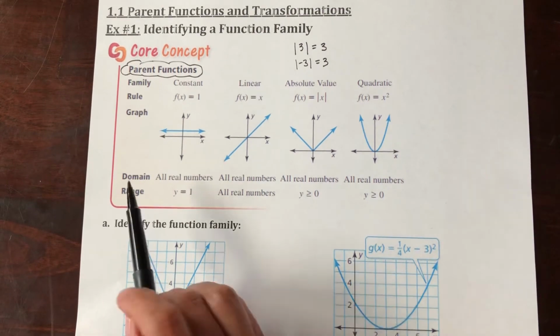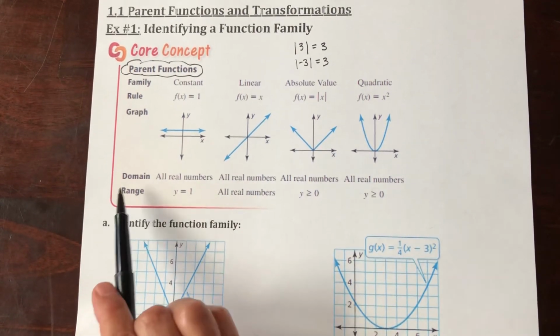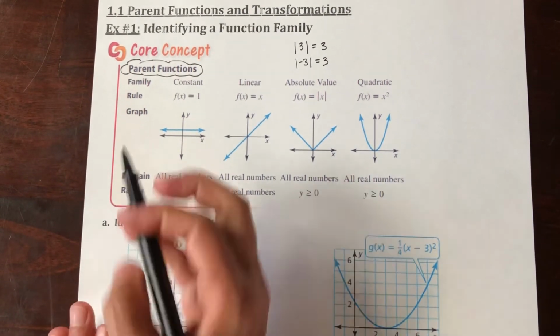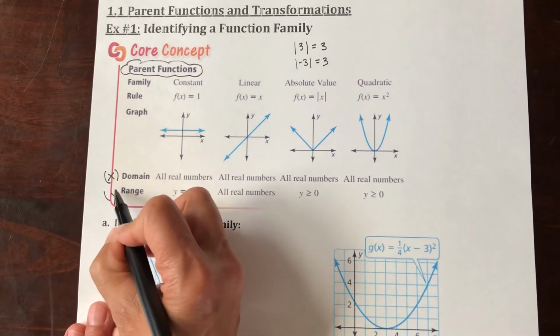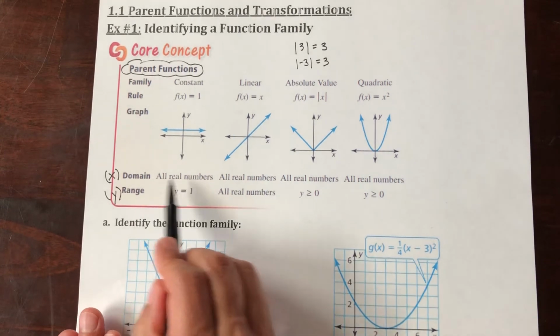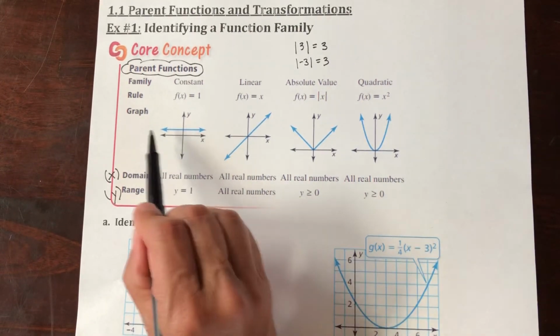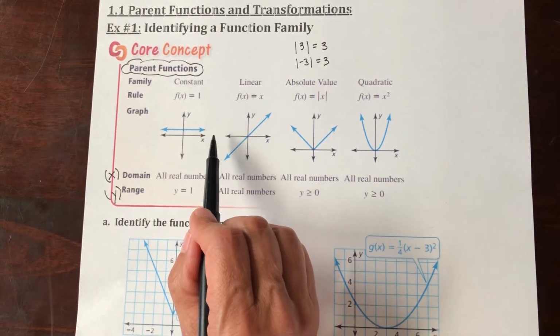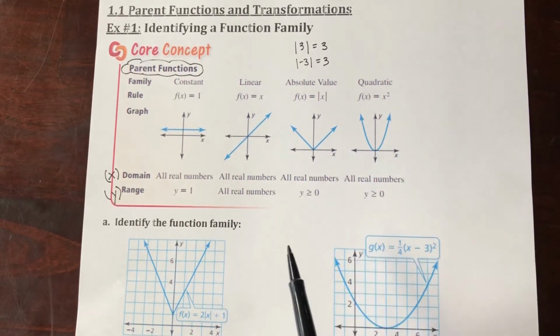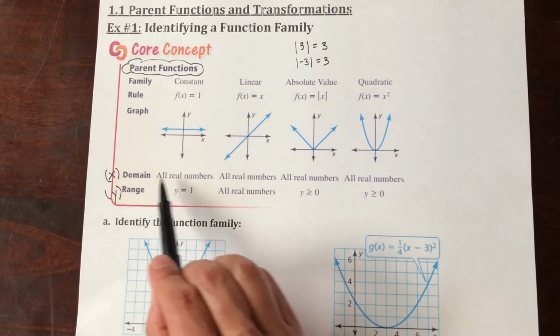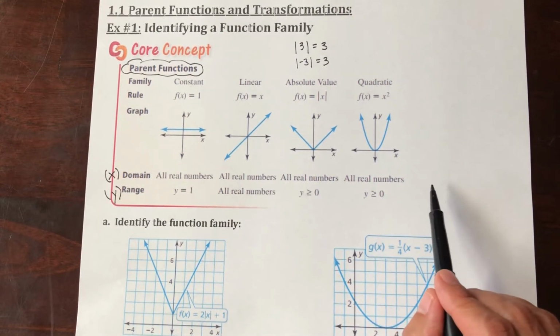All right, these parent functions also have a domain and a range. Remember, the domain are the x values and the range are the y values. In all of these graphs the blue line goes forever left and right, so all of the x values are included. So your domain, or your x values, are all real numbers.